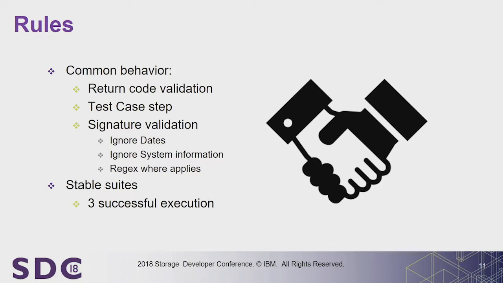Another one is system information. If the system information is being logged and we are running on different environments, then also signatures are not going to match, so we ignore that. Others can be, for example, process IDs. Process ID numbers being logged from different environments will have different numbers, of course, so that also needs to be ignored.